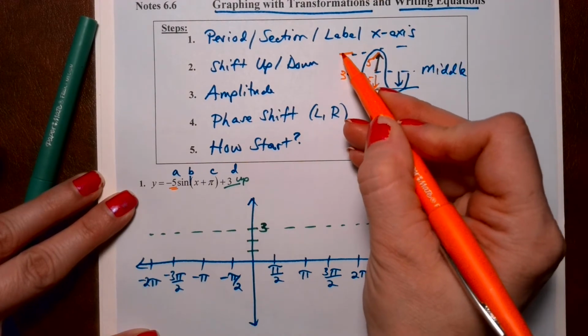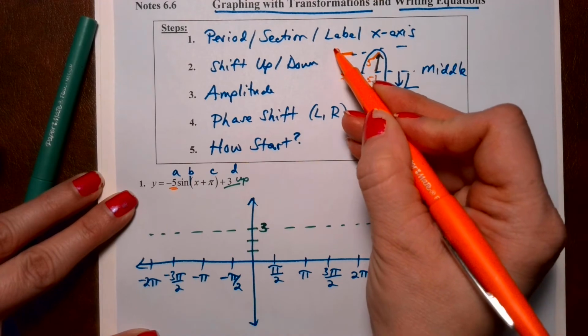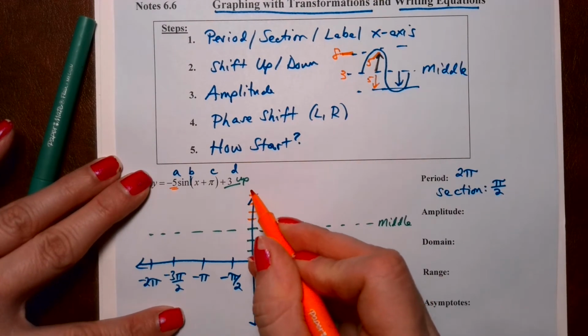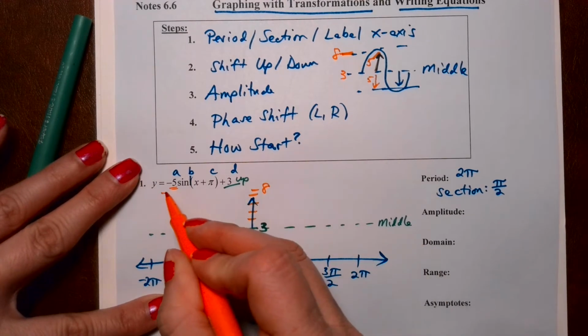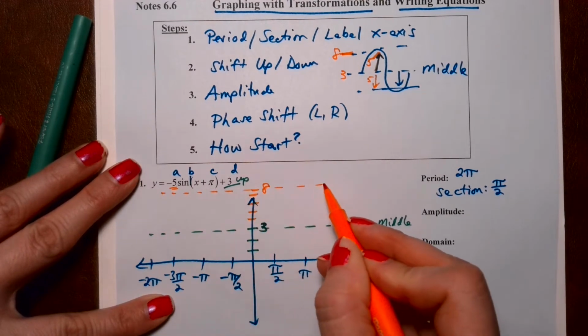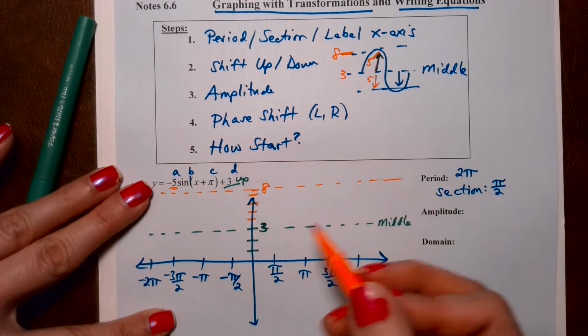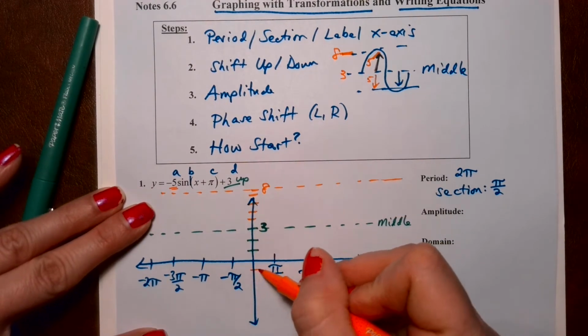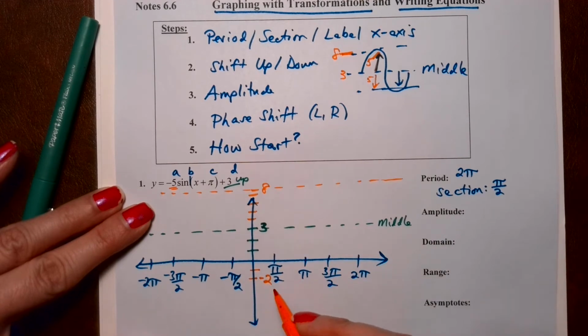So how high does it get? 3 plus 5, it goes all the way up to 8. 4, 5, 6, 7, 8. This is 8. I'm just going to go ahead and put a little dotted line to make sure my graph gets up to 8, and then it's going to go from 3 down 5. 1, 2, 3, 4, 5, as low as negative 2.